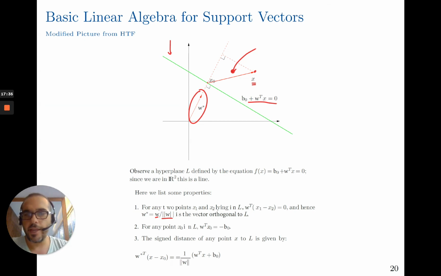We know that for any point x naught in this hyperplane, we have W transpose x naught equal to minus b. This is by construction, because of this expression. Then we can easily show that the distance between x and x naught will be given by W star transpose (x minus x naught), which is exactly this expression here.